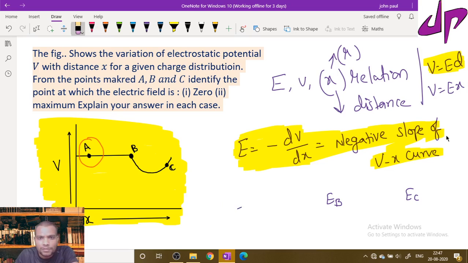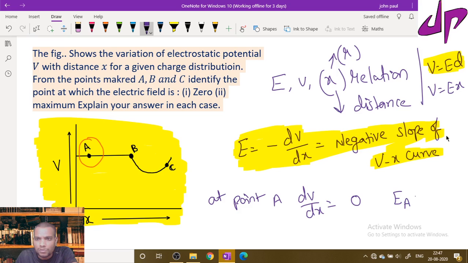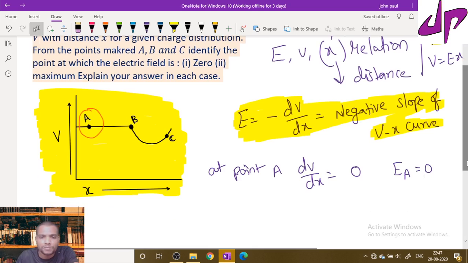At point A, the slope of the curve, dV by dx, goes to 0. If dV by dx equals 0, the electric field at point A also equals 0. A simple interpretation. This can be done if you know this relation. If you do not know this relation, then it is a lost case.